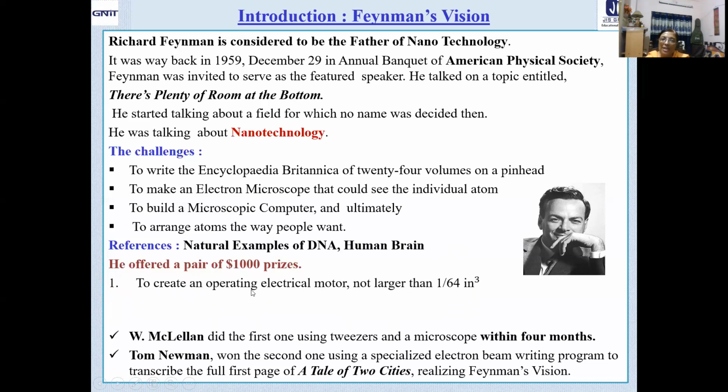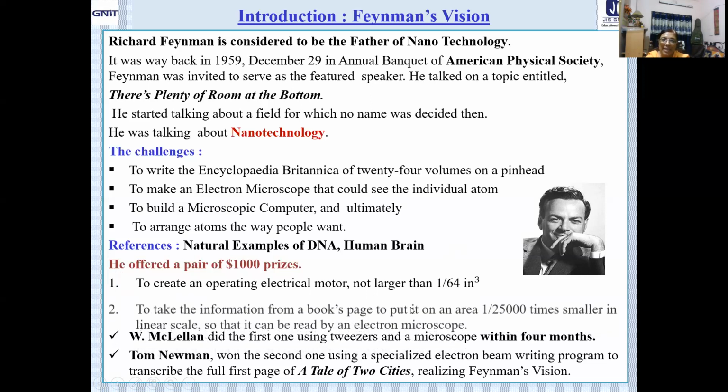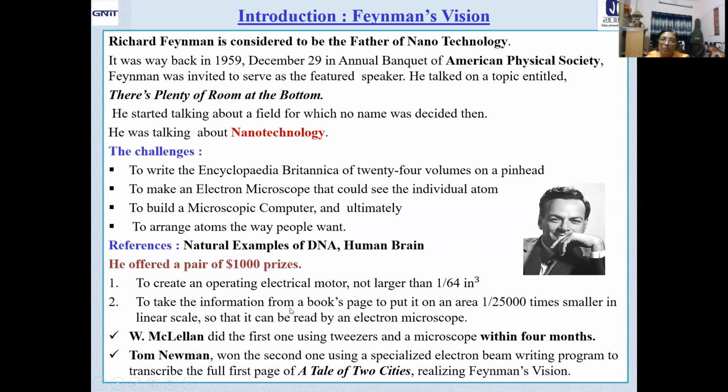To create an operating electrical motor not larger than a 1/64-inch cube. And the second one, to take the information from a book's page and put it on an area 1/25,000 times smaller in linear scale so that it can be read by an electron microscope.